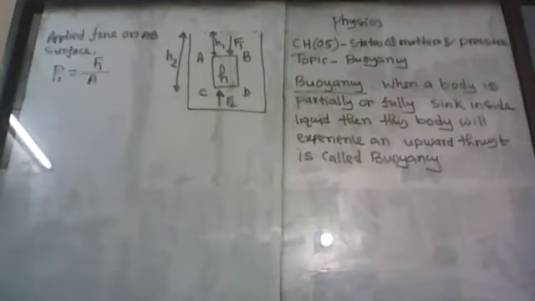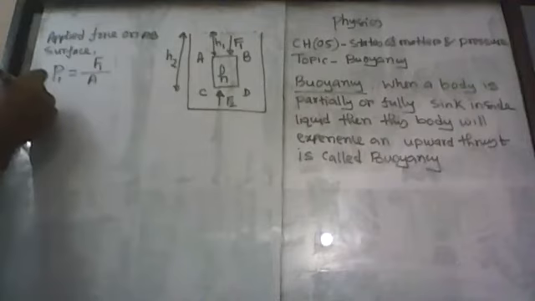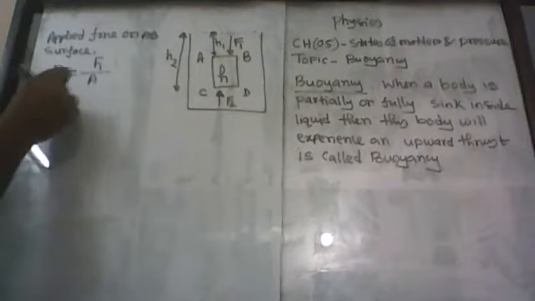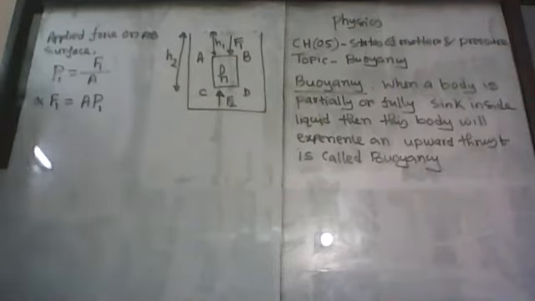Suppose A is the area of the cylindrical body inside the container, F1 is the downward force, and P1 is the pressure that is applied on the AB surface. Now, if you want to find the force F1, you can say that force F1 equals A into P1.